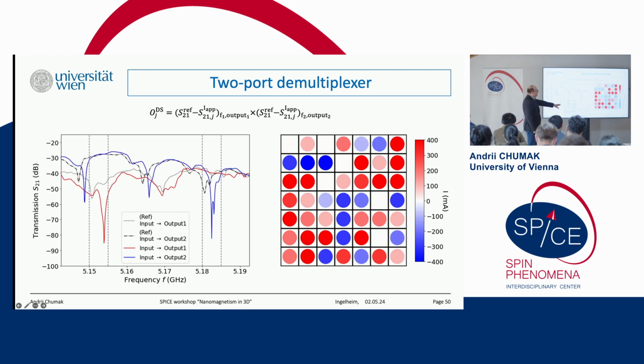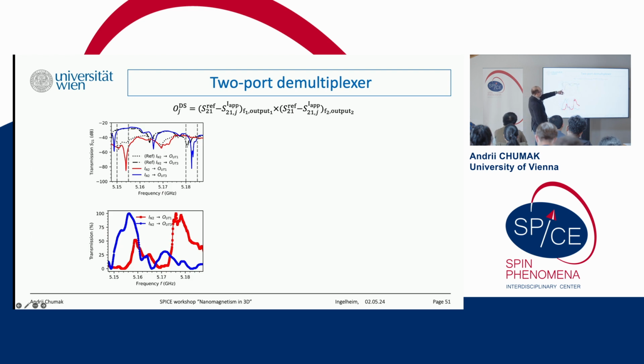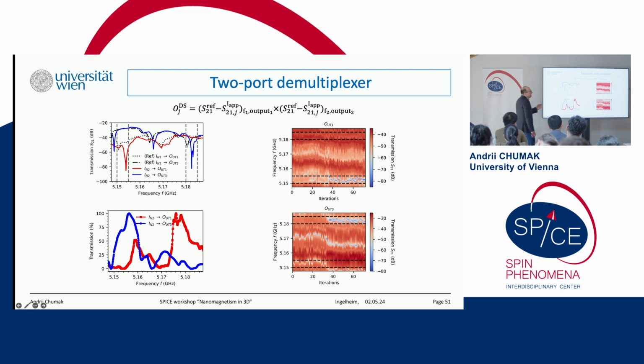Maybe I can show on this curve: here red has minus 90 dB, blue has the original minus 30, and in another channel, blue has minus 80, and red is minus 40, so more or less close to the original. So the demultiplexer also works, or you can see it like this, formation of bands. It's not very well visible, but this blue line is our notch filter, the multiplexer, which we need. And this is the iteration. You see that after some iterations, it really starts to form a band gap here and here, as shown.